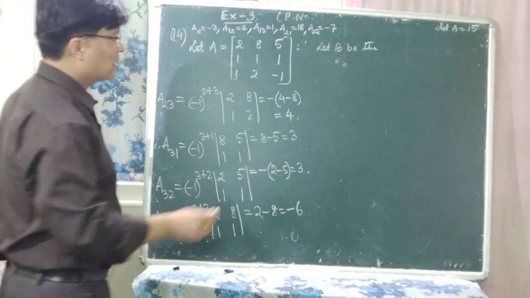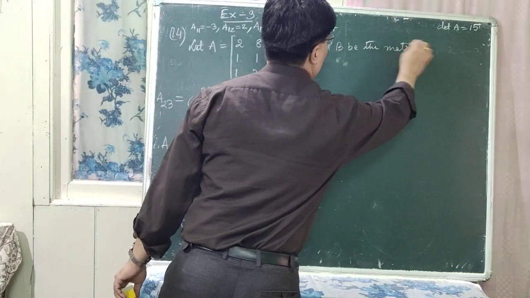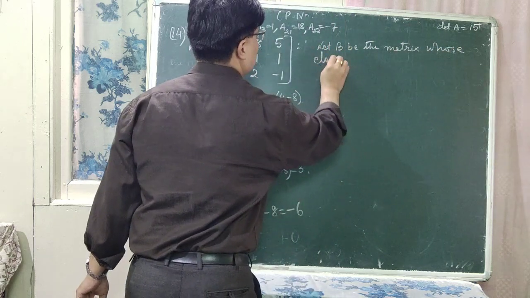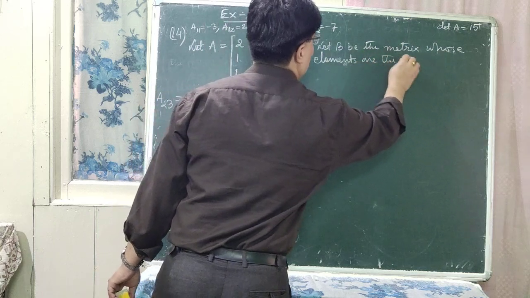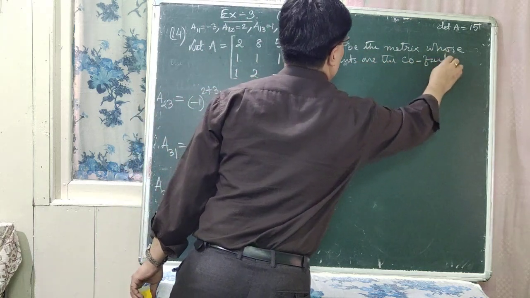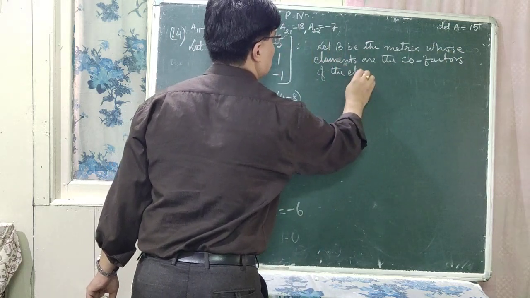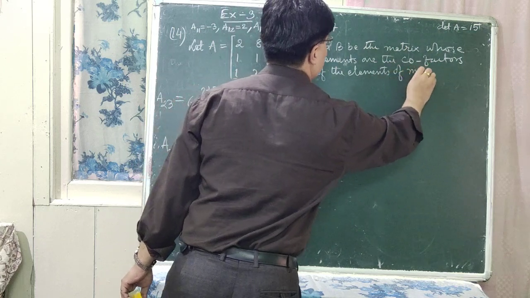Write down, let capital B be the matrix whose elements are the cofactors of the elements of matrix A.